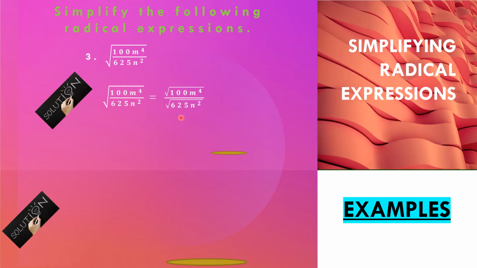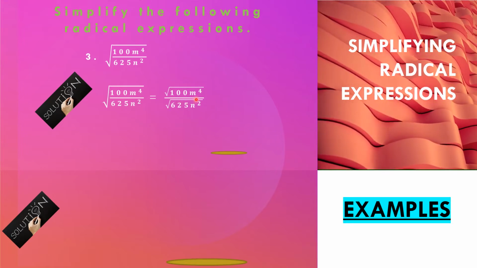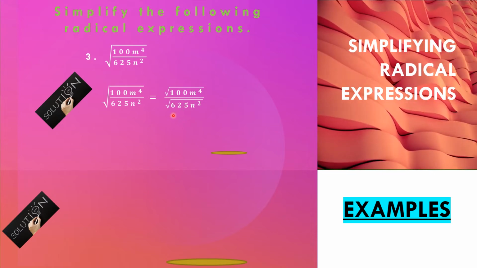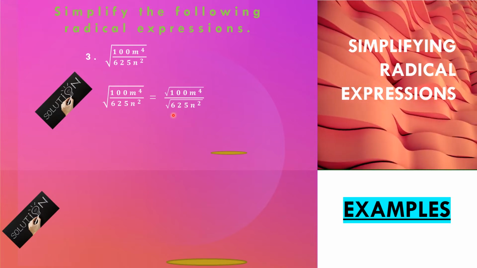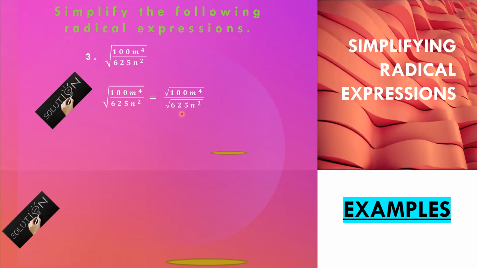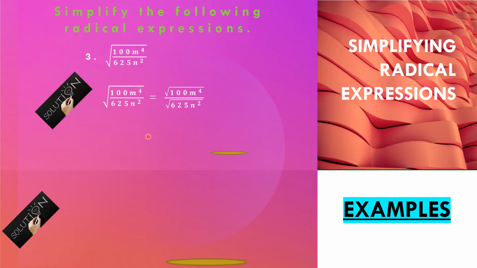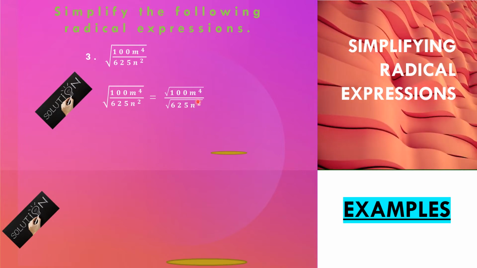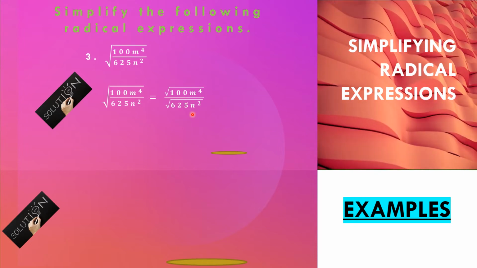Kaya dito, kung napansin niyo, meron akong square root of 100m raised to 4 over square root of 625 n squared. So, si 100 po at saka si 625 po, they are both perfect squares. Same with this one, m raised to 4th and n squared.